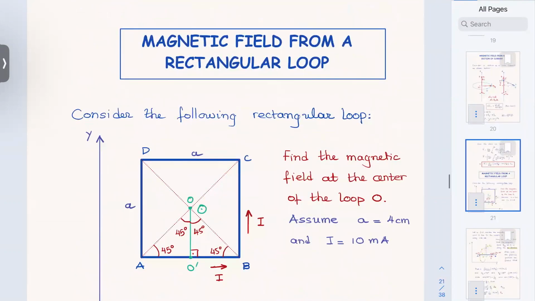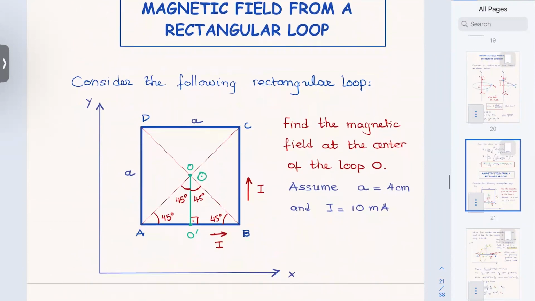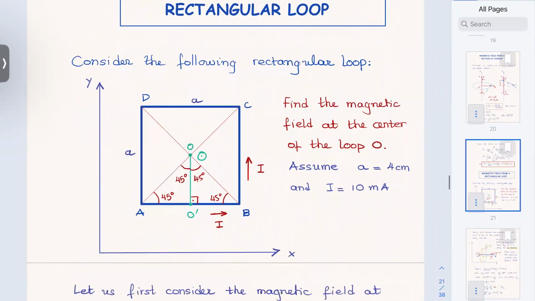Now we are going to take those expressions and use them to find the magnetic field that is created by a rectangular loop that is defined on the XY plane.